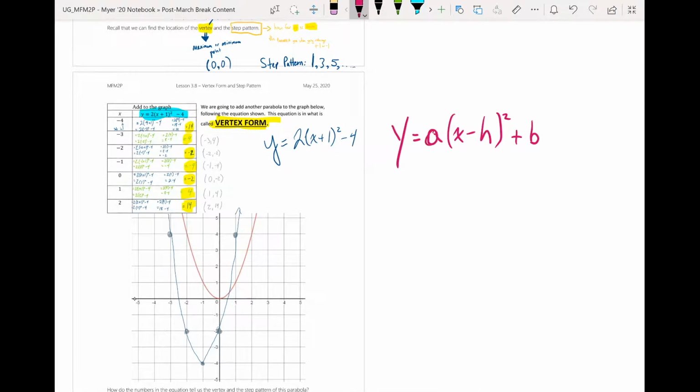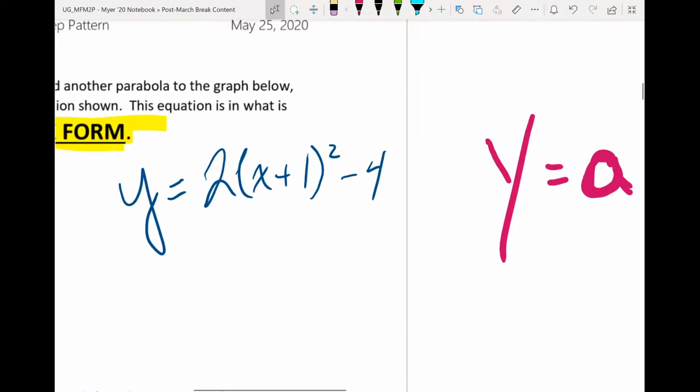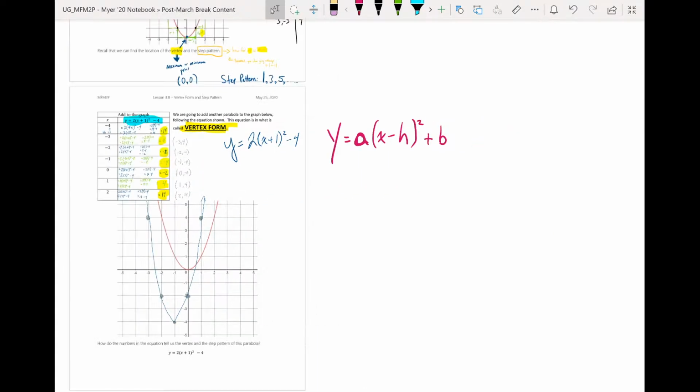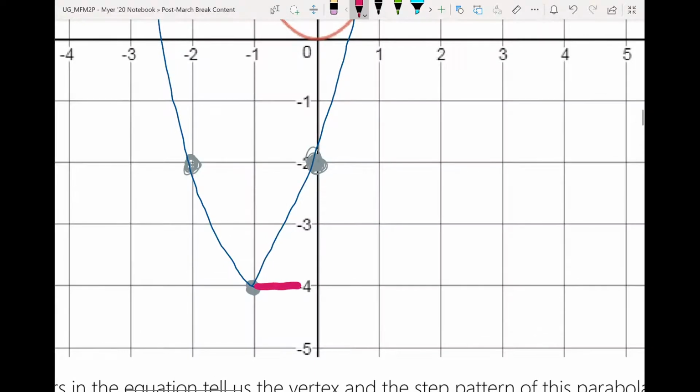All right, so each one of these letters represents something different. So if we look at this equation, y equals 2 times (x plus 1) squared minus 4, and we look at the thing that we've drawn on there, we'll notice that we have a step pattern of 2.